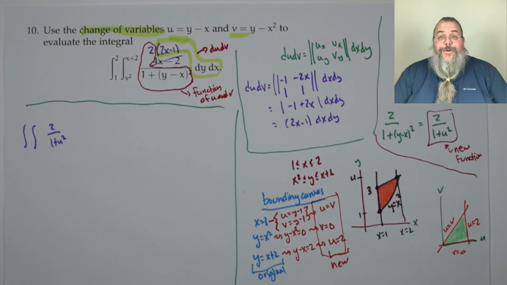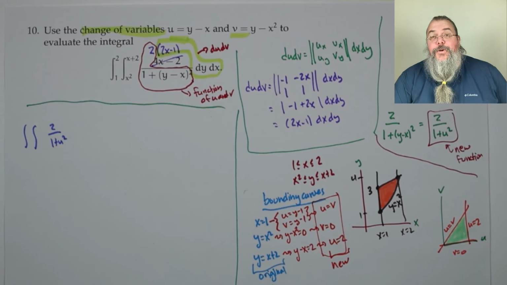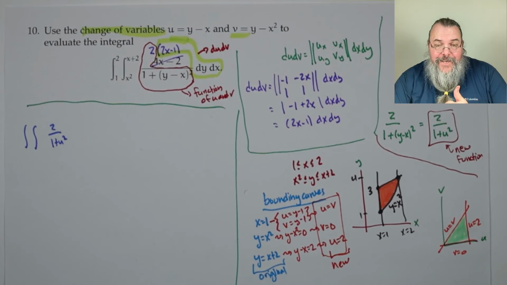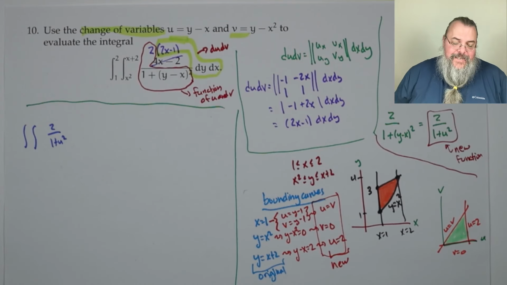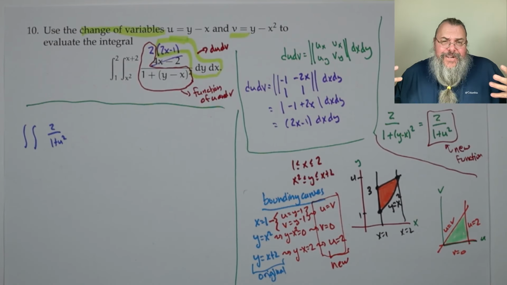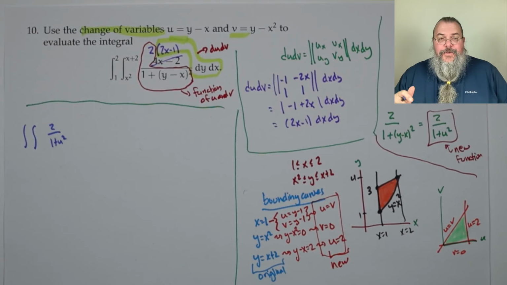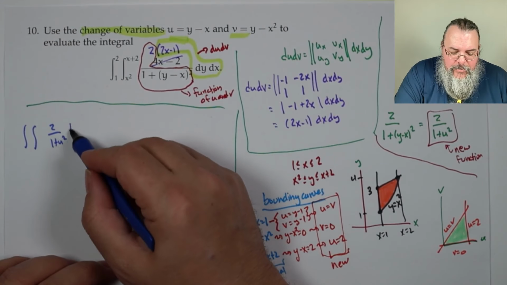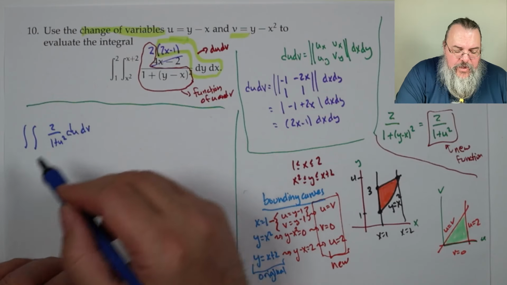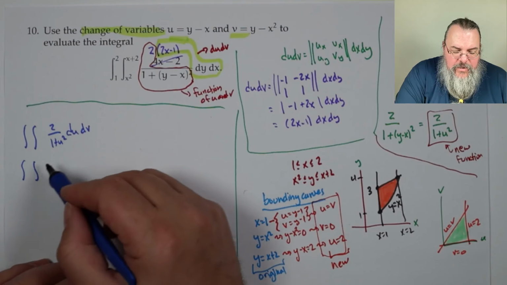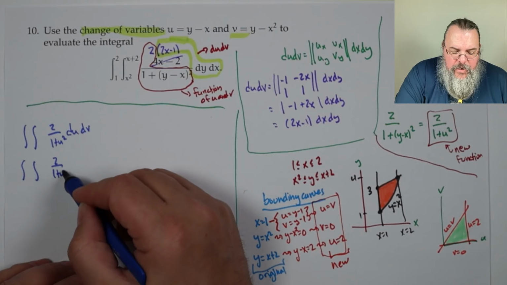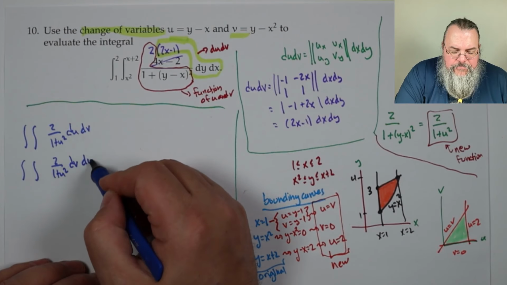But now the question: do we want to do du dv or dv du? Because we can pick. And maybe you're not sure. So let's do both of them, and then we'll make up our minds which one we want to finish. We'll start with both of them. Integral 2 over 1 plus u squared dv du.